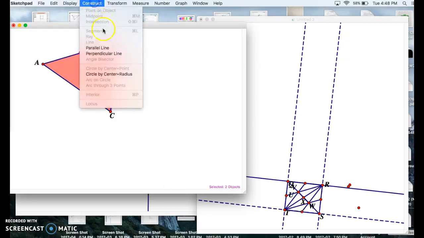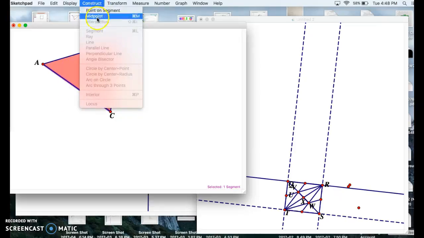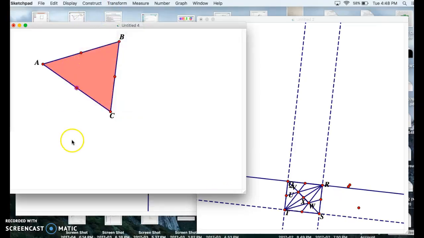And then construct midpoint. Okay, right there. Construct midpoint. All right. And at this point, start working from the vertex to the midpoint of the segment that is right opposite from the vertex.